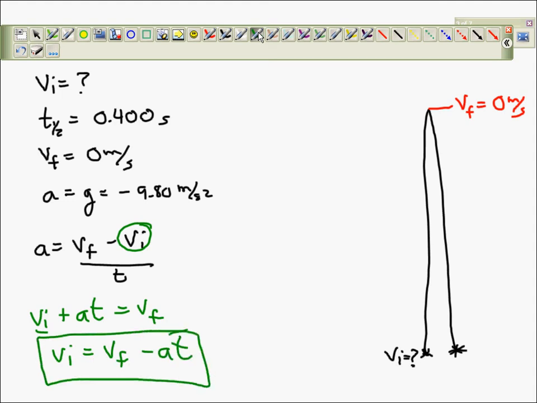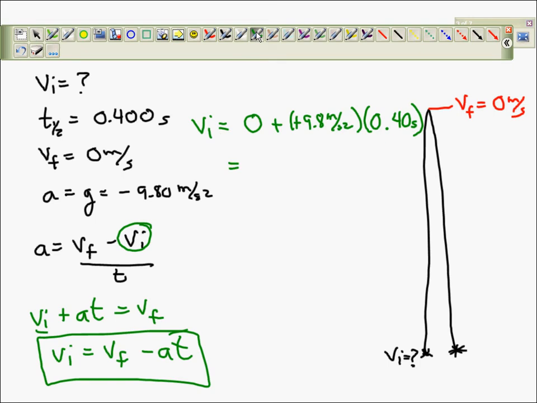Let's put in our numbers. VI is going to be equal to VF, which is 0, minus a negative 9.8 meters per second squared times 0.40 seconds. Your 9.8 becomes positive because we're subtracting it.